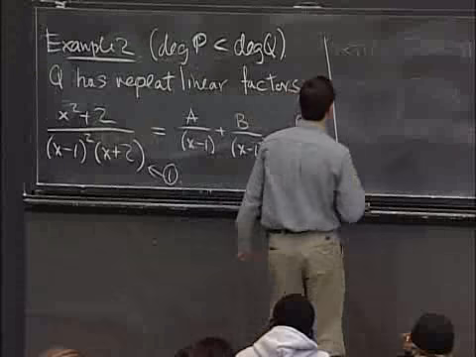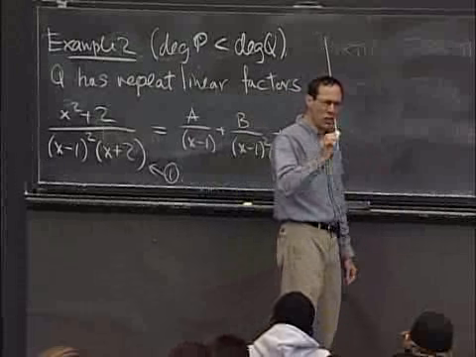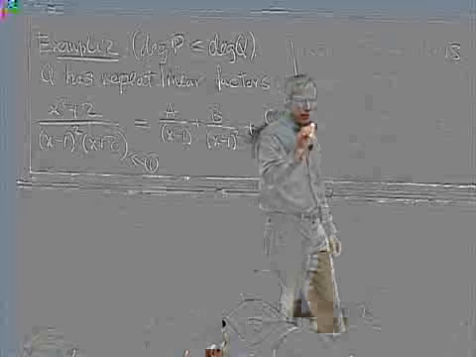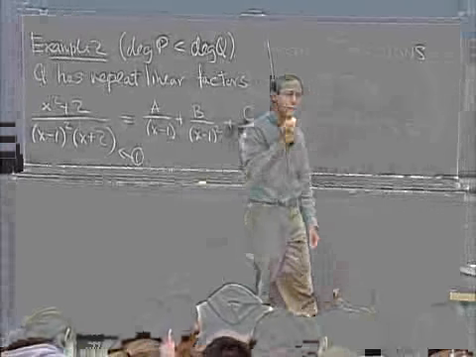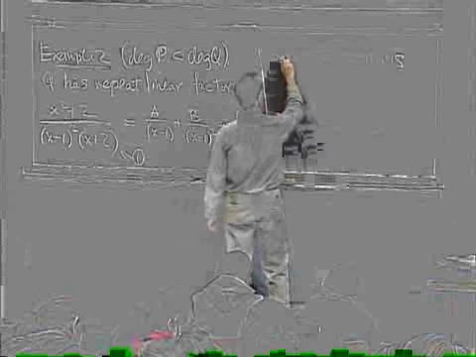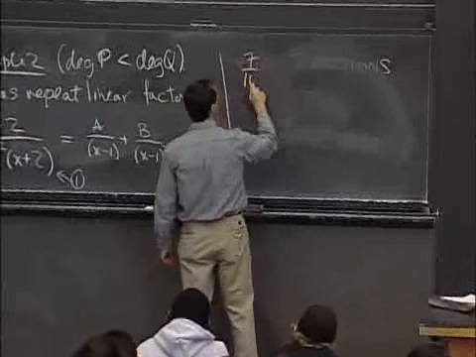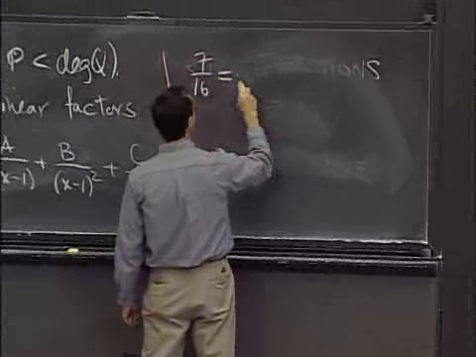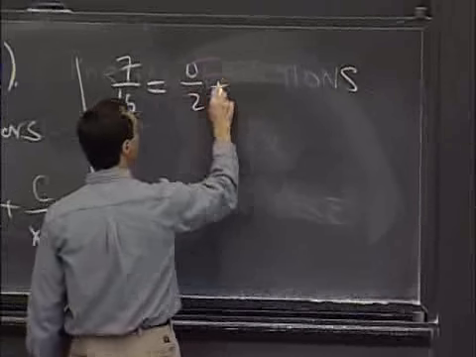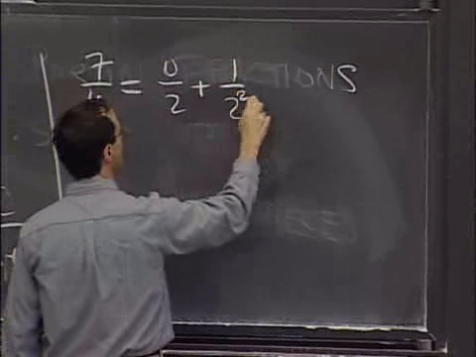It's very, very much like the decimal expansion of a number, or say the base 2 expansion of a number. So for example, the number 7/16 is 0 over 2 plus 1 over 2 squared plus 1 over 2 cubed plus, is that right?